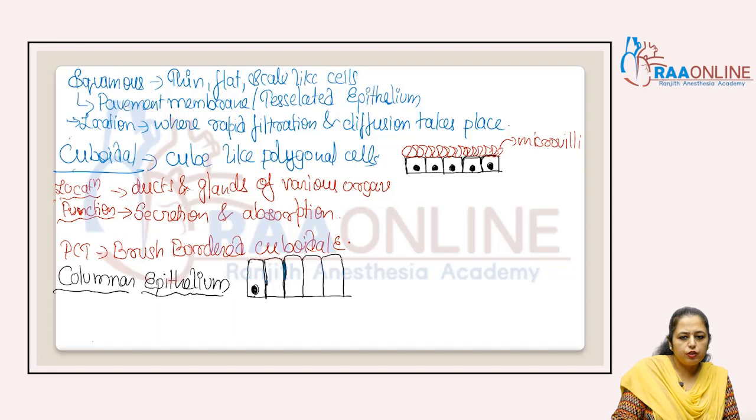The speciality of the columnar epithelium is that the nucleus is situated at the basal part, that's why it is called the basal nucleus.